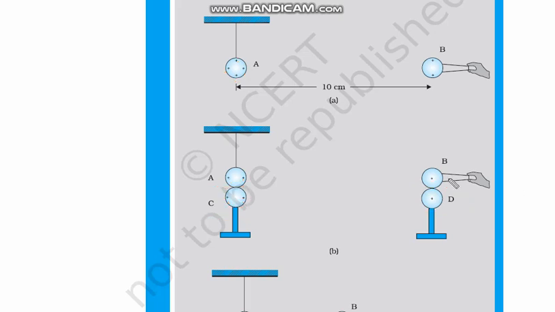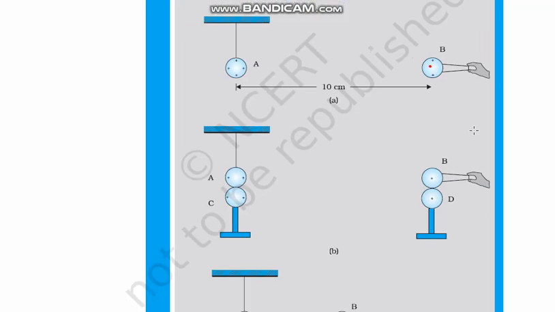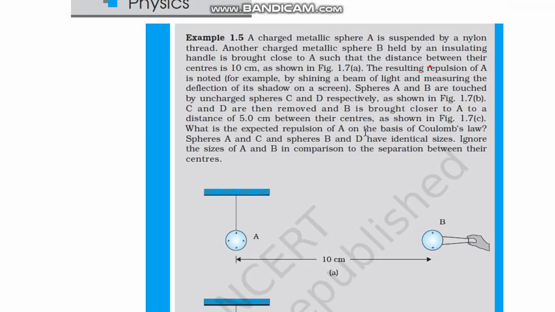As well, if there are 2 positive charges on B, one is on B and another one is on D. So these are additive properties as well as equal distribution properties. So now let us understand. C and D respectively, as shown in figure 17b. This is shown.